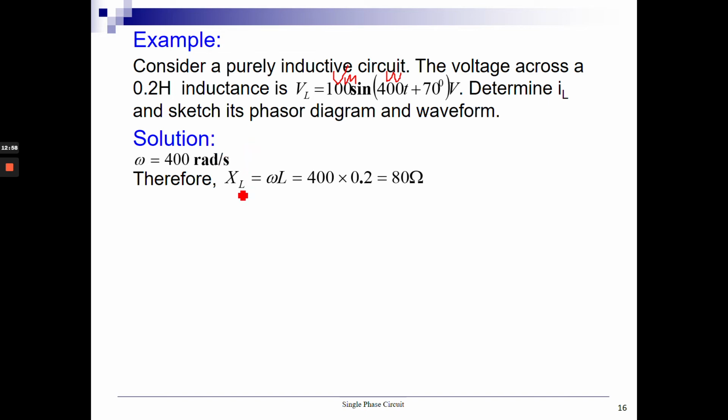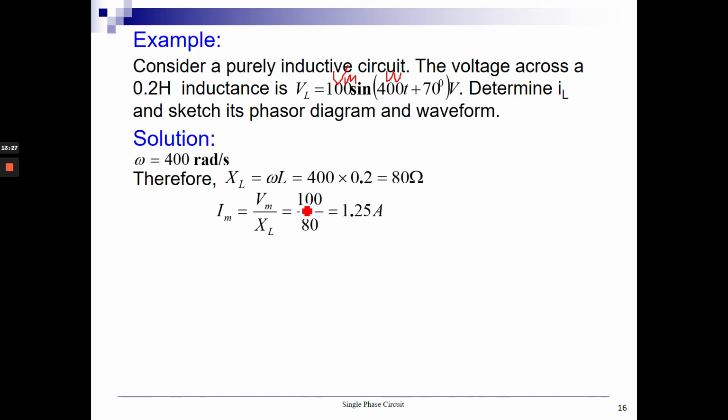Therefore, XL equal to omega L. You have omega as 400, and your L is 0.2. So therefore, your inductive reactance is 80 ohm.